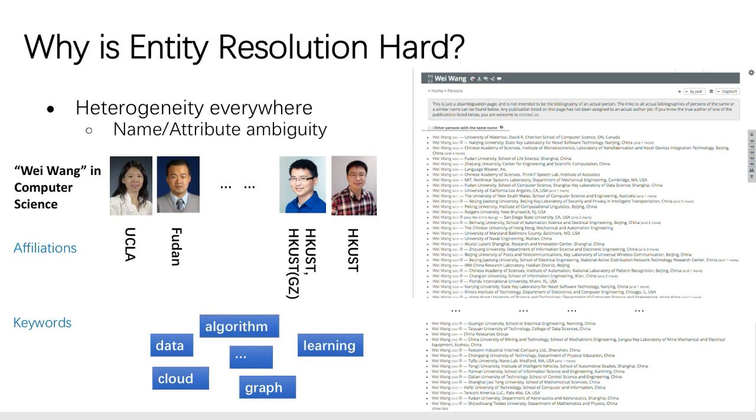So why is entity resolution hard? Not only did we show several examples, we look at a few important traits. The first one is heterogeneity. The main problem is that there is heterogeneity everywhere. For example, names and attributes could be ambiguous. My name, Wang, is well known to be highly ambiguous on DBLP.